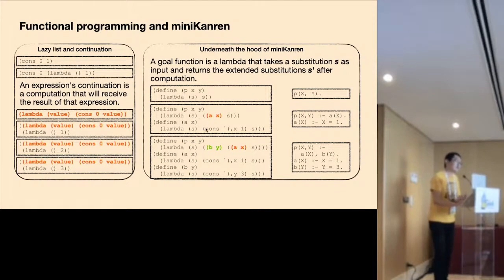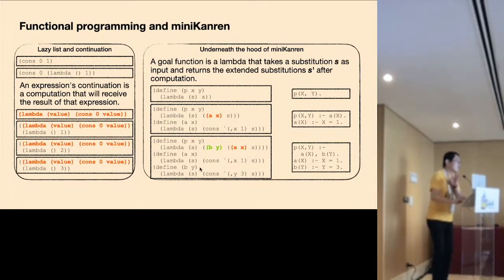Then to make it a little bit more complicated, how about we add b of y? In this case, ax runs first using s. It returns something like the extended substitution set, right? Then you pass it into by. Then by takes all these things. We just continue the computation until all the go functions are finished.